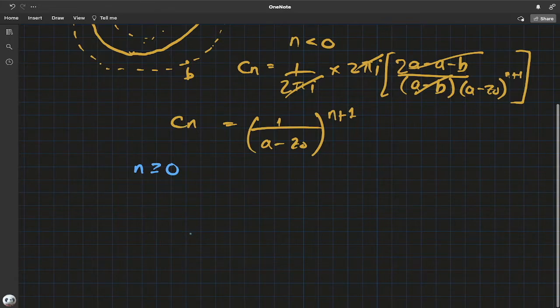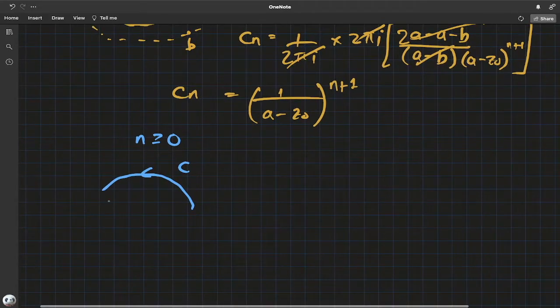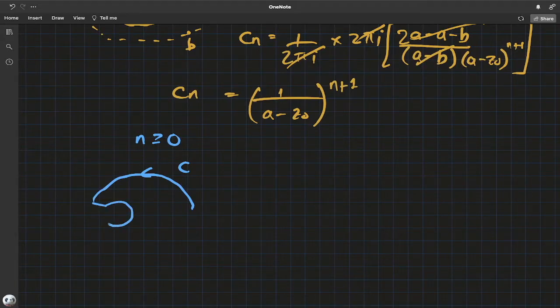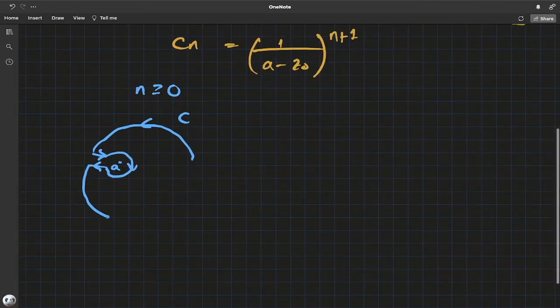So your contour C was a little bit like this. Again, excuse my drawing, I'm trying to do my best here. We would encircle around point a, then go around and circle around z naught.